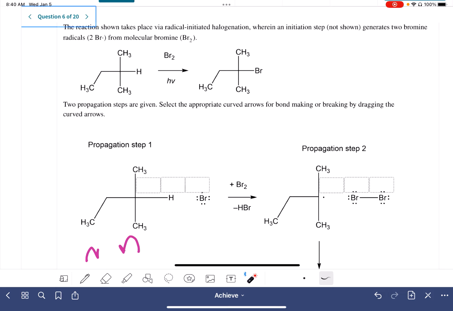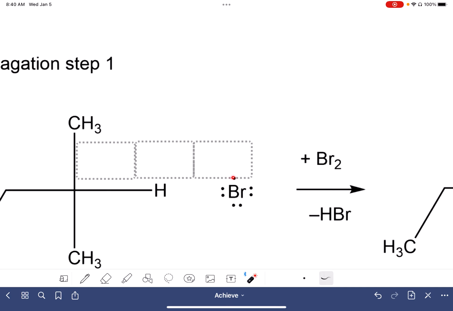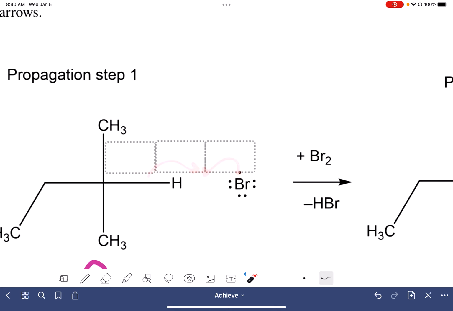So that's where this hydrogen is going. This hydrogen is combining with this bromine radical to make an HBr molecule. And you need to be making that HBr bond because it doesn't already exist. It's kind of hard to see it because the unpaired electron is lining perfectly up with their little box here, but there is an unpaired electron on this bromine that you can use to make that HBr bond.